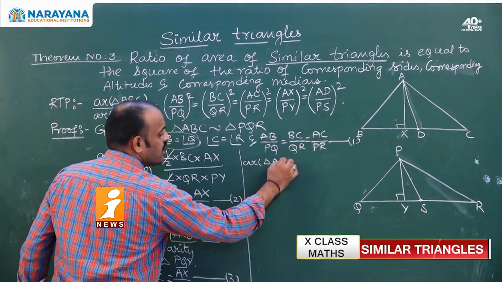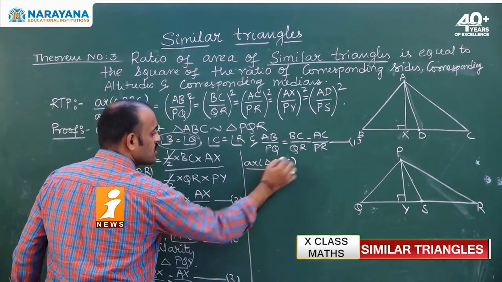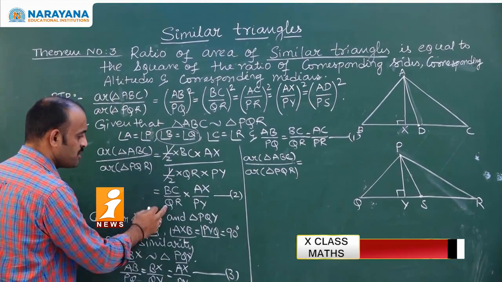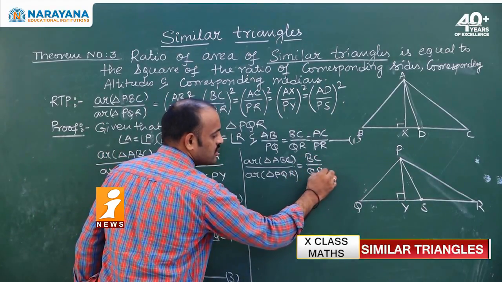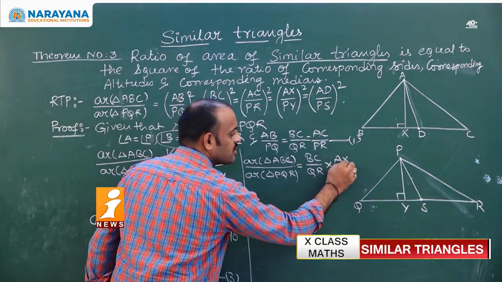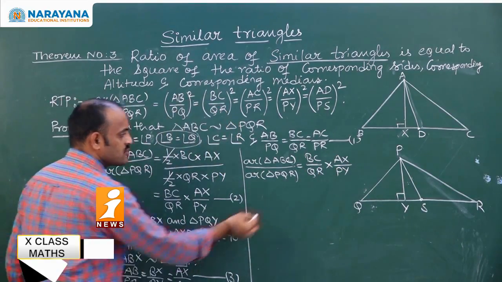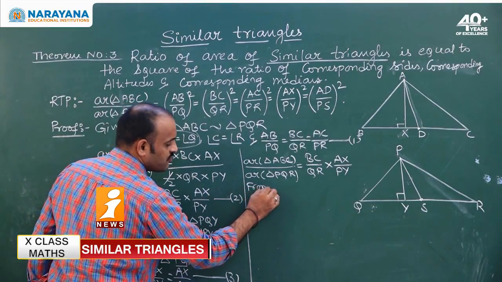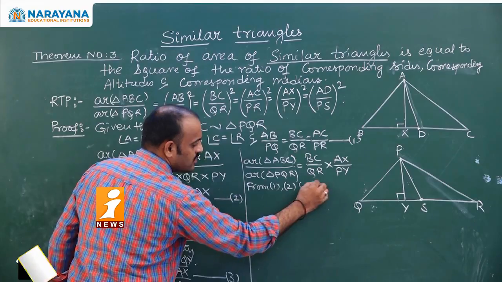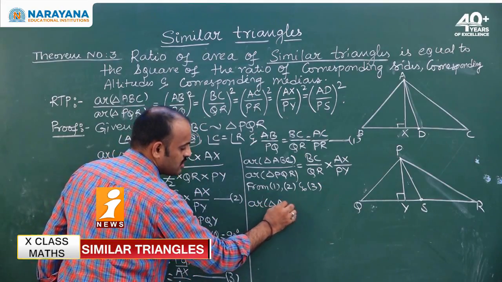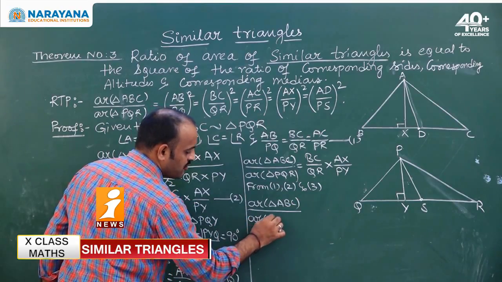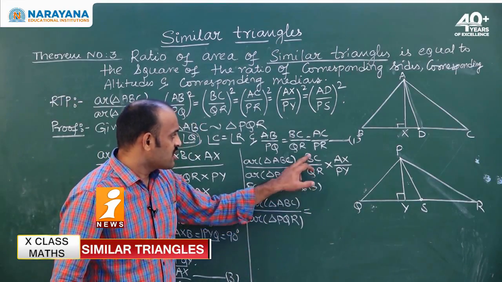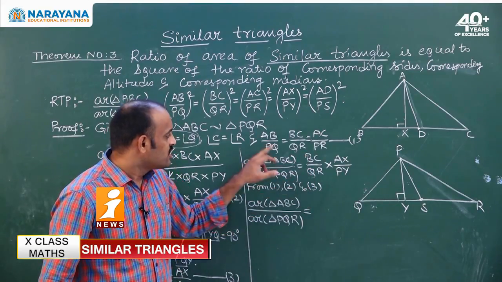So, from equations 1, 2 and 3, area of triangle ABC by area of triangle PQR is equal to BC by QR into AX by PY.